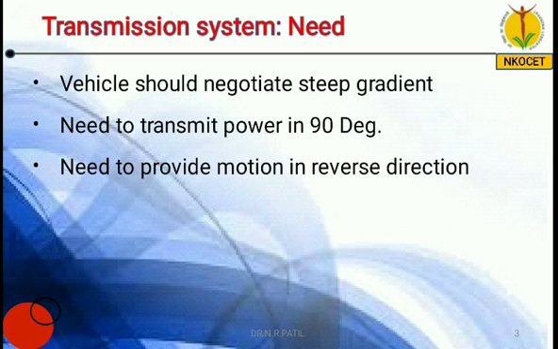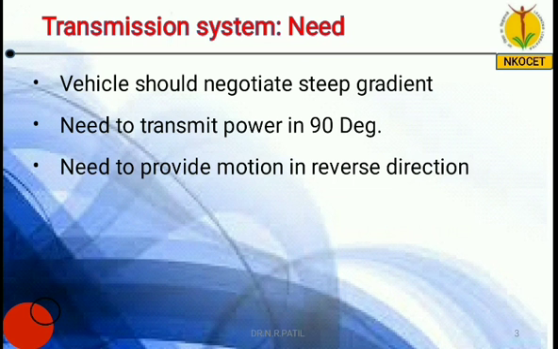We shift the gear from 4 to second or even first. When you shift the gears from high gear to low gears, we get maximum torque and very less speed, and that is the requirement when you are driving the vehicle on the steep gradient. So gearbox is provided to negotiate steep gradient.